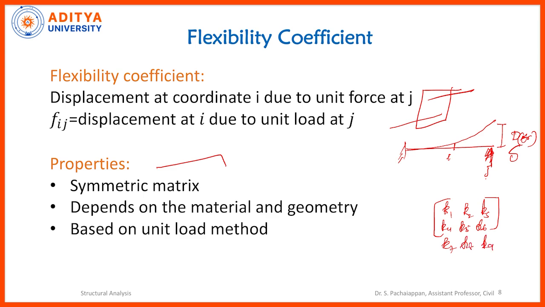Symmetric matrix means this triangle has equal values, and this triangle also has the equal values. So these values and these values are the same, that is a symmetrical triangle. That is a symmetric matrix, depending on the material and geometry, and based on the unit load method. So the flexibility method is nothing but based on the unit load method.